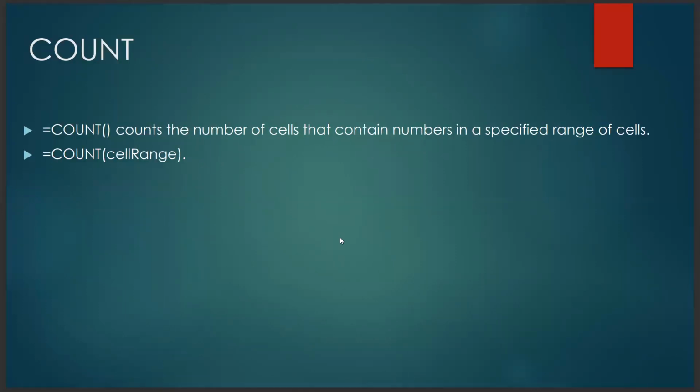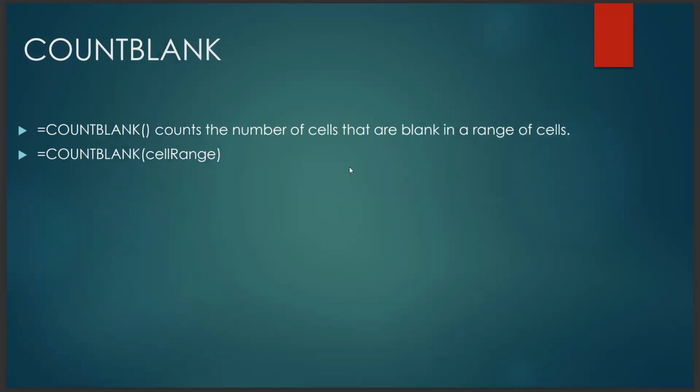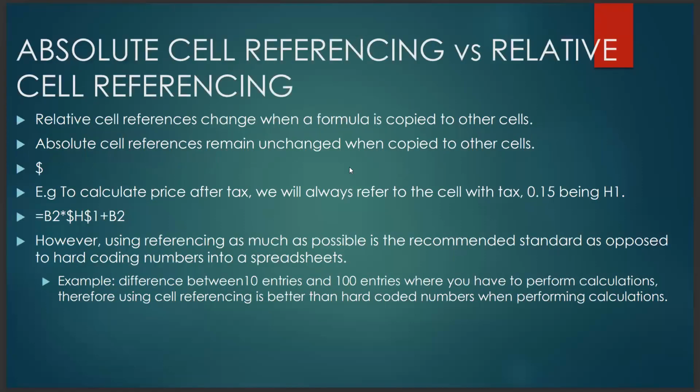When you count, you want to count the number of cells in a specific range of cells, and you do the same thing. Don't forget that you start with the equal sign, then you insert your function, and in brackets you include your cell referencing or the cell range. You also have the count blank.